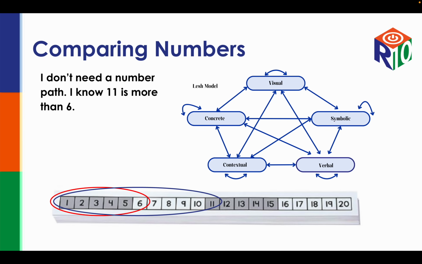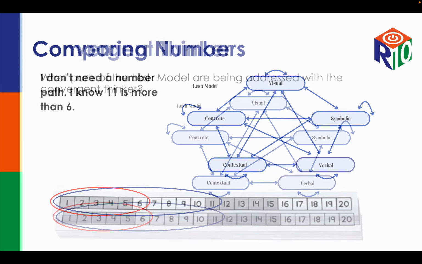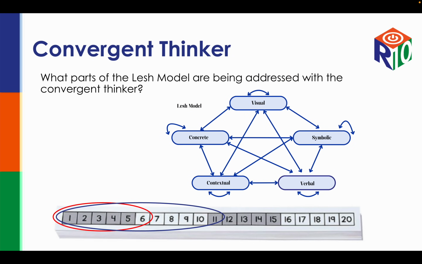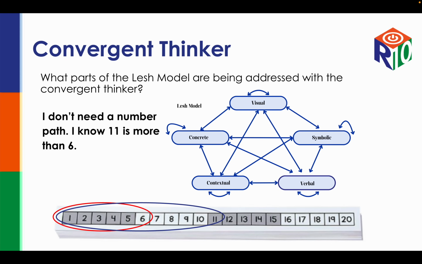So a lot of the times our convergent thinkers need support in that metacognitive process. So with our convergent thinkers here, how can we help this student understand at a deep level that 11 is greater than 6?